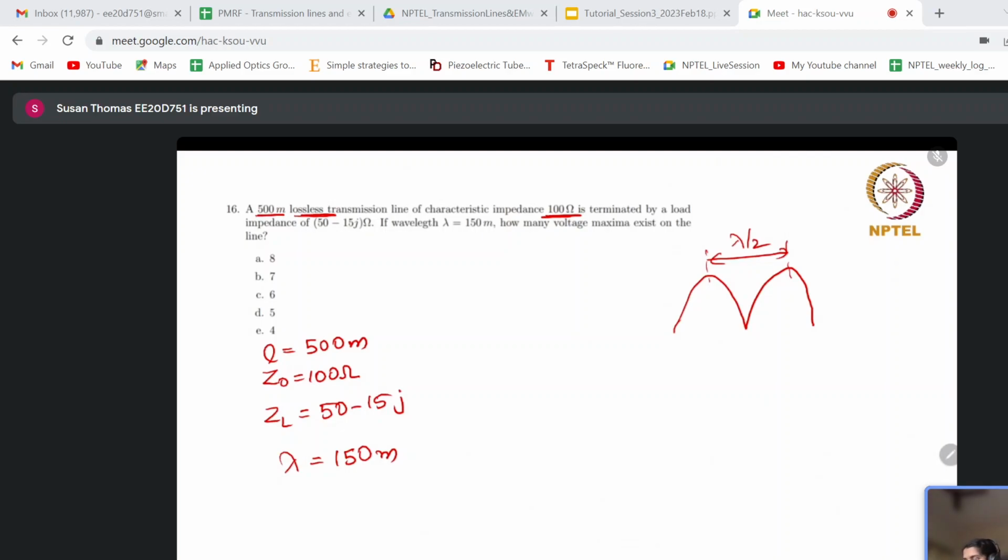Now you know that lambda is 150, so lambda by 2 will be 75 meters. The total length of the transmission line is 500, so how many maxima will be there? You will have a total of 7 maxima. If you calculate, you will get this as 7.